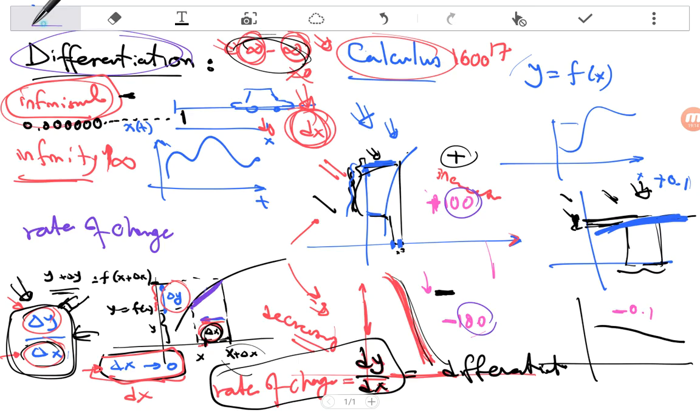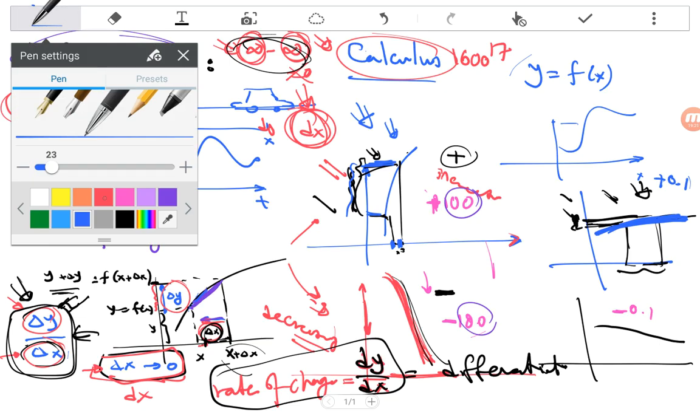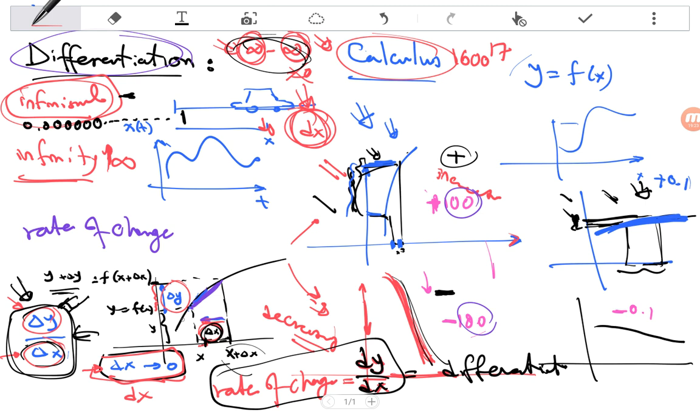It just keeps getting closer and closer to the point until that straight line becomes a tangent to the curve at that point.